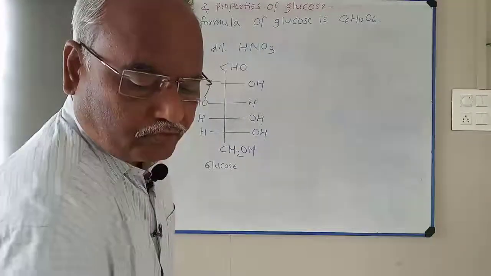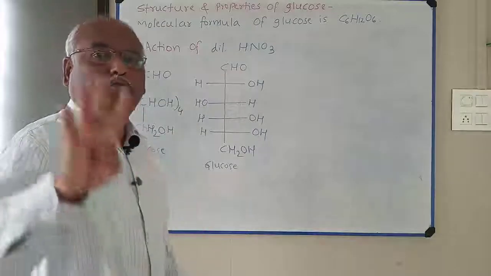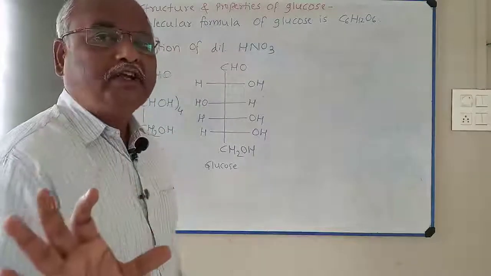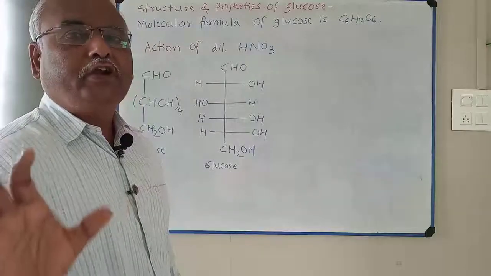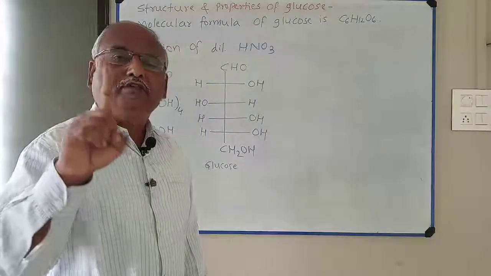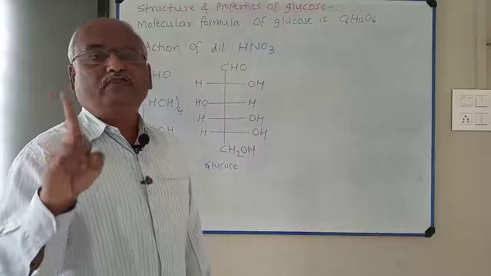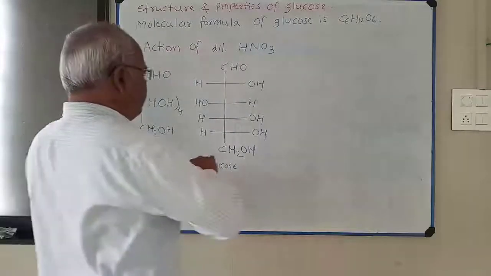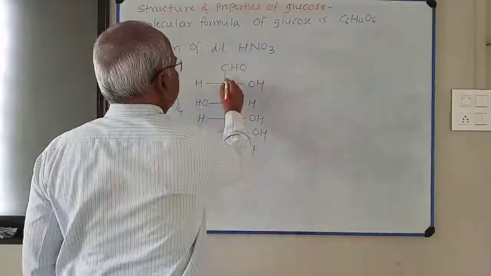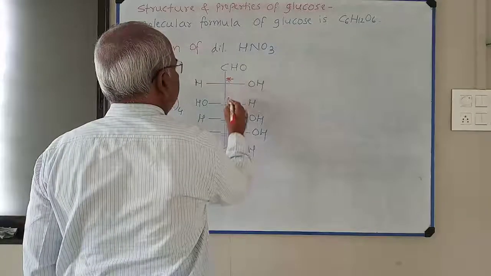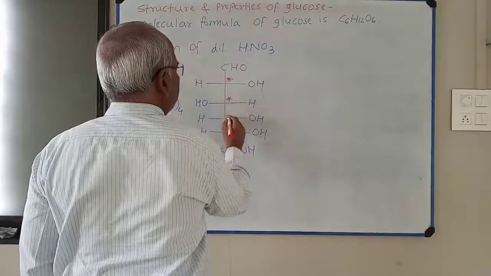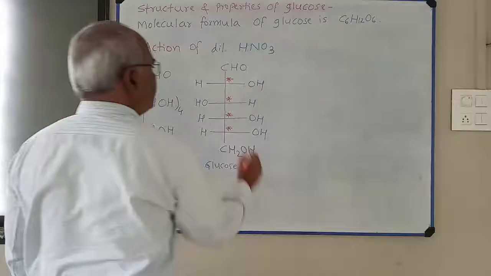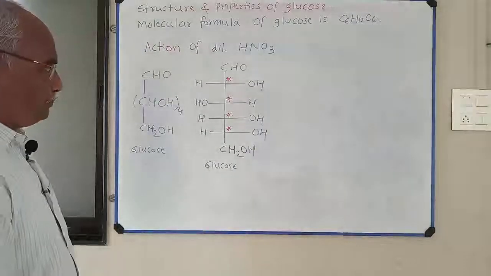Remember, in glucose there are 4 chiral carbon atoms. A carbon atom which is bonded to 4 different groups is called a chiral carbon atom. This carbon is represented by putting an asterisk on it. In glucose 4 chiral carbon atoms are present.